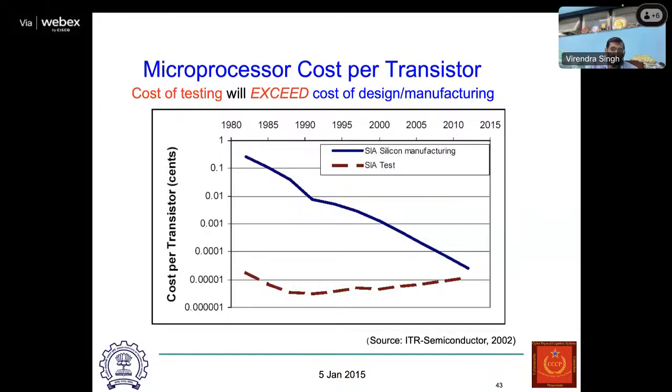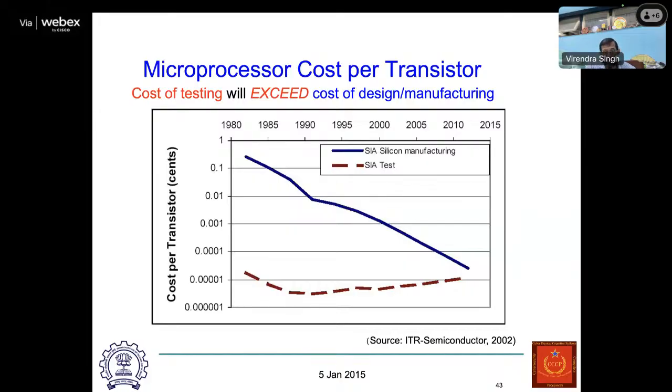Now, the test cost was supposed to cross over the design plus manufacturing cost sometime around 2020. However, they have not crossed, but they are still close to each other. If it crosses, that means the cost of a device would be determined by the test cost, not by the manufacturing and design cost.